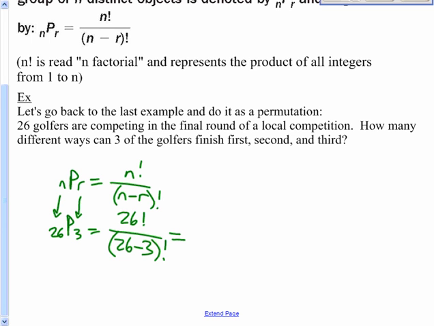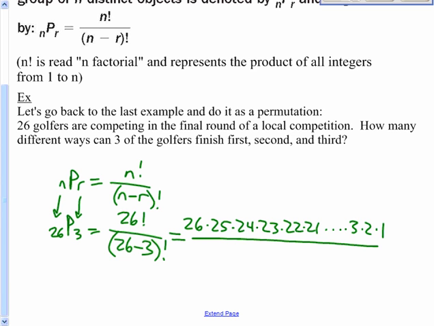So this is 26, 25, 24, 23, 22, 21, and this keeps going, 3, 2, 1, right? Over, now 26 minus 3 is 23, so it's 23 factorial. 23, 22, 21, clear down, 3, 2, 1. Okay, you with me on this? So 26 factorial over 23 factorial.